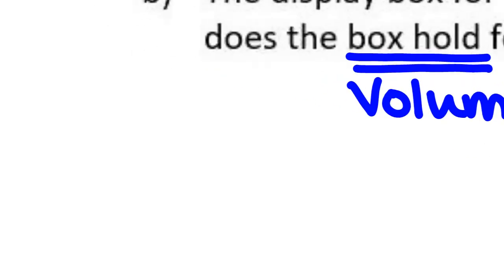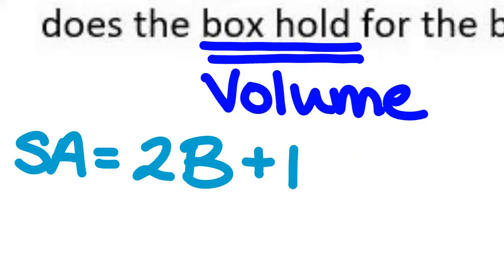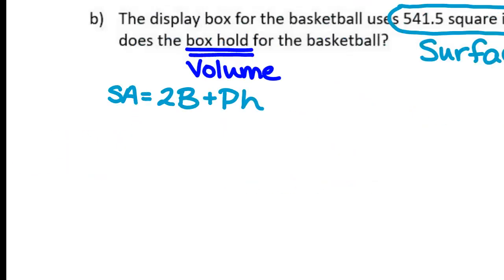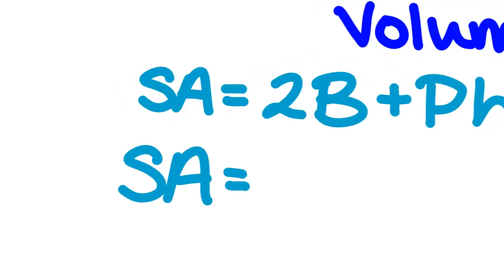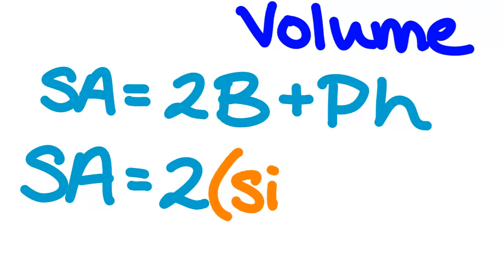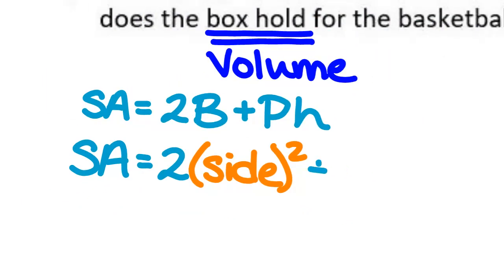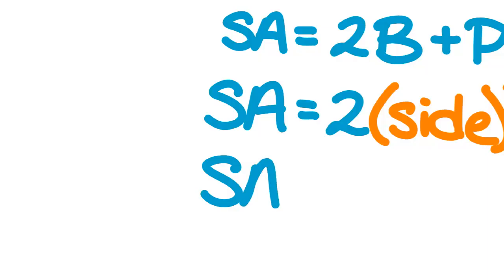Surface area, you guys just told me the surface area formula for a prism. 2 times the area of the base plus the perimeter times the height. What shape is the base? Still a square, so side squared plus the perimeter times the height. What are we calling the side length?